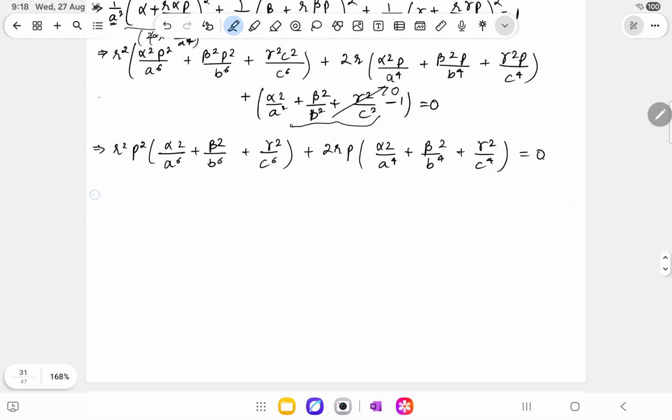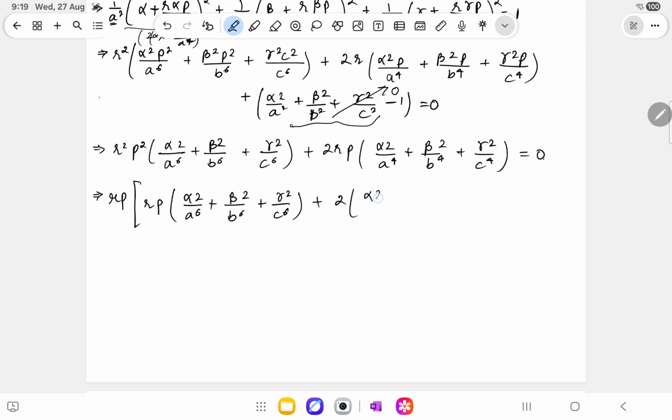So from here I can take rp as common again, so I'll be left with rp into alpha square by a raised 6 plus beta square by b raised 6 plus gamma square by c raised 6 plus 2 into alpha square by a raised 4 plus beta square by b raised 4 plus gamma square by c raised 4 is equal to 0.